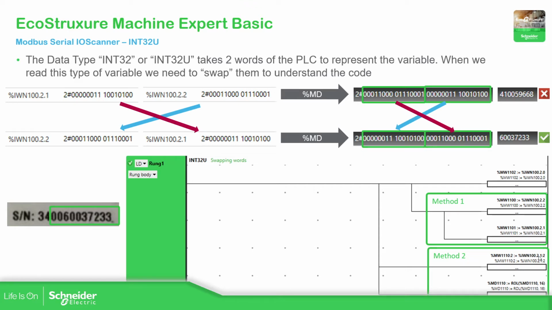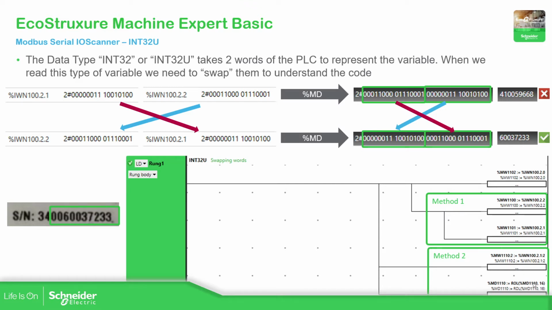Another way is to move the two variables directly into the two memory words, and then read the %MD for that specific place. Remember that the %MW, %MD, and %MF share the same location.